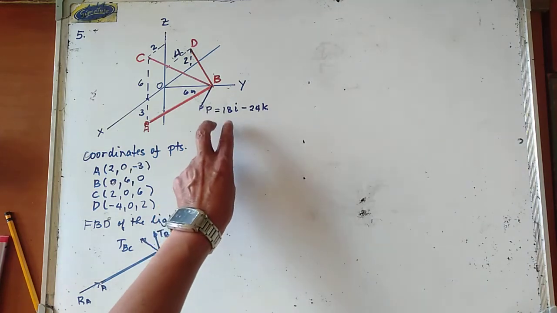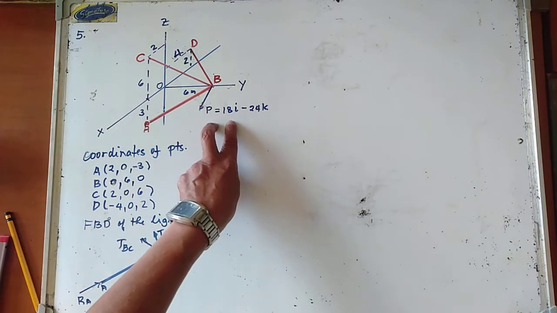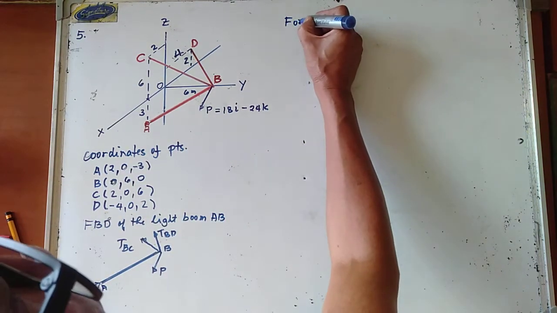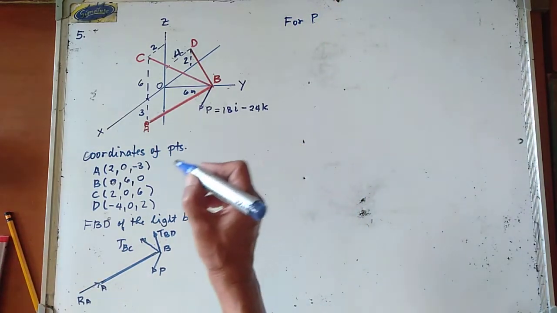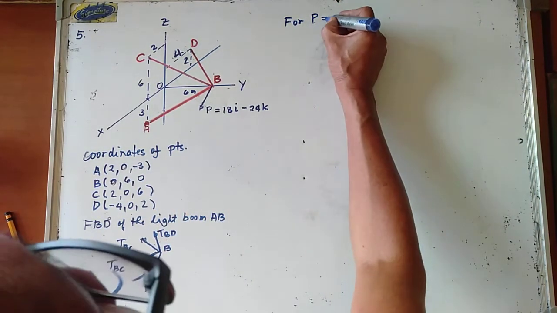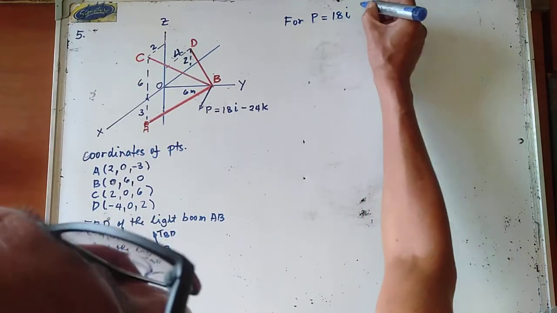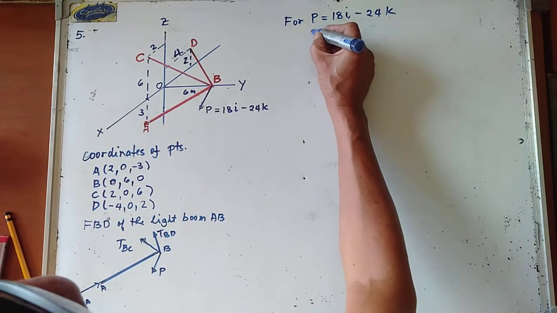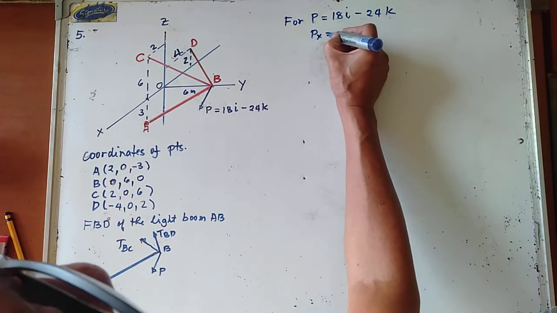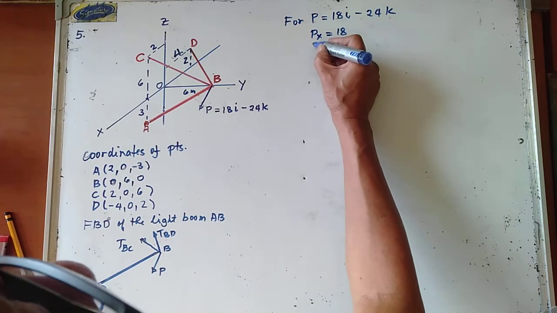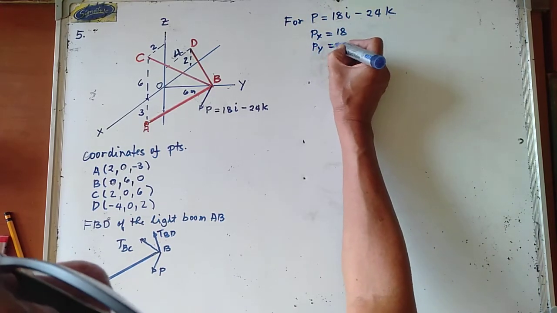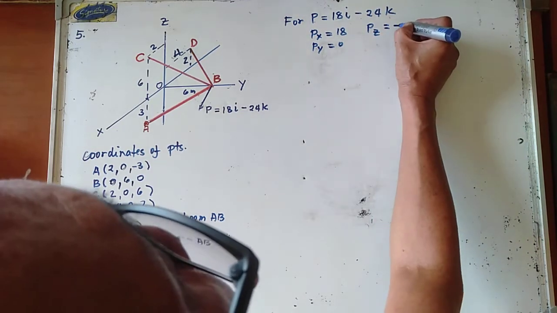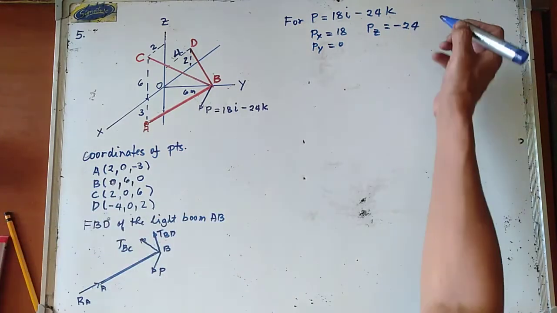P is already expressed in its Cartesian vector form, which is equal to 18i minus 24k. So at this point, your Px is equal to 18, your Py is equal to 0, and your Pz is equal to negative 24.